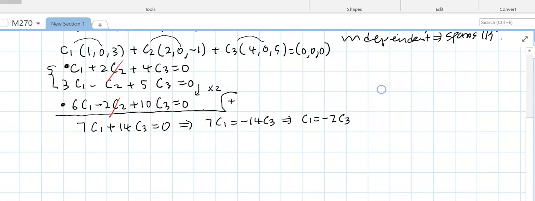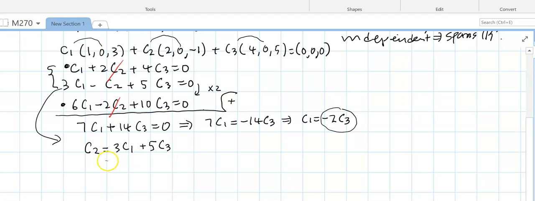Now what about C2 then? From that equation, C2 equals 3C1 plus 5C3, but C1 is negative 2C3. So this is 3 times negative 2C3 plus 5C3, which is negative 6C3 plus 5C3, which is negative C3.